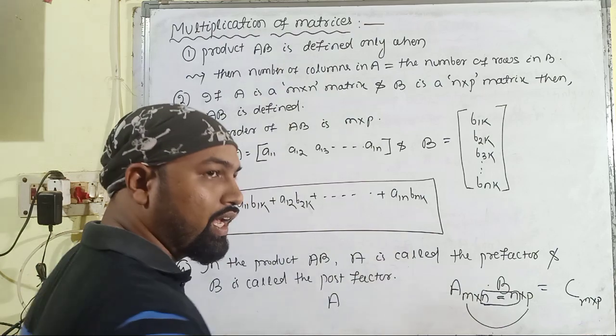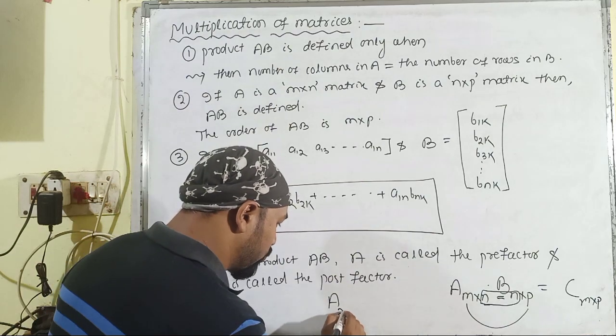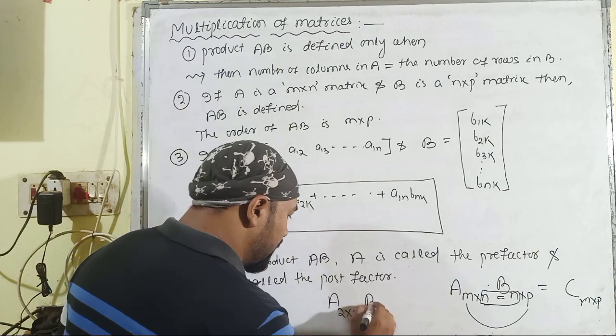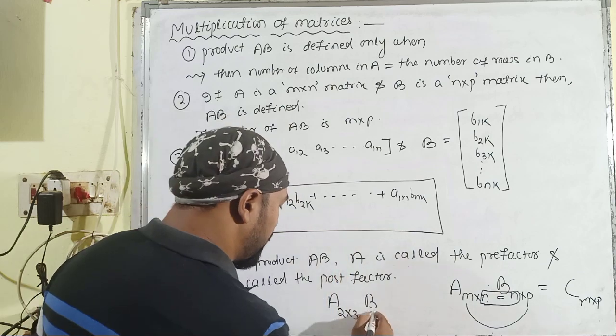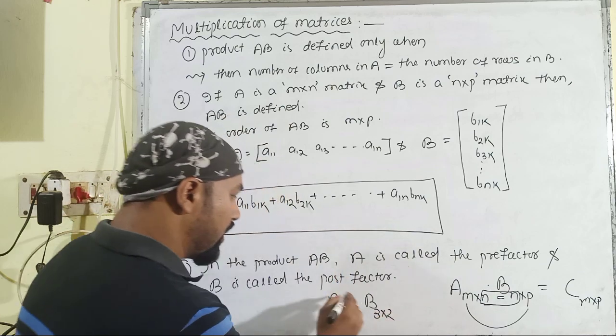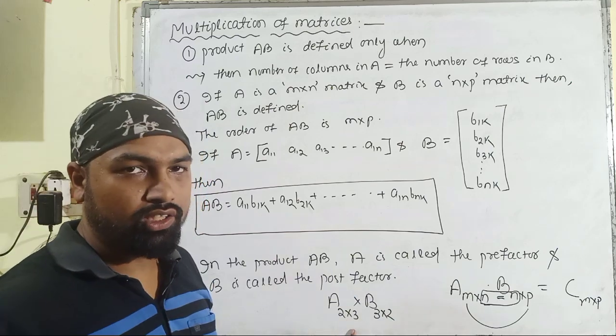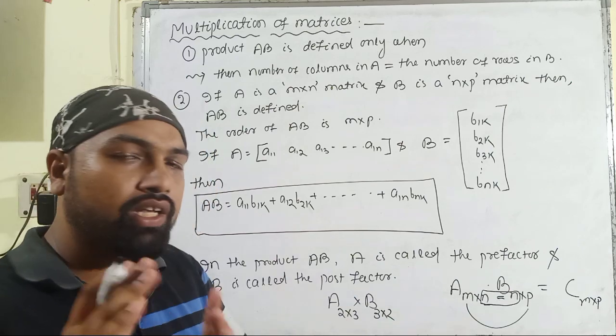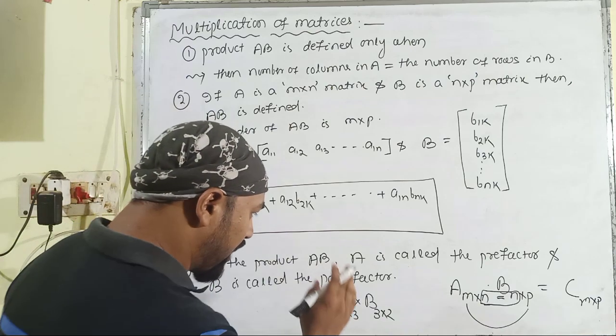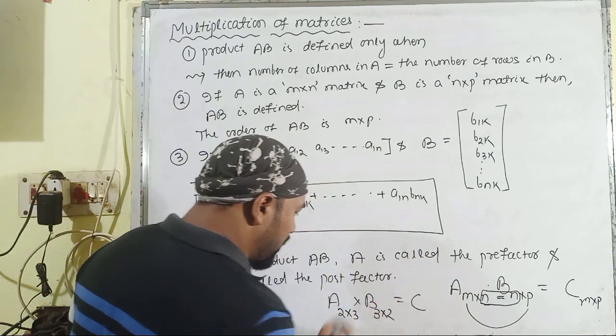Let us consider an example. Suppose I have taken A as any matrix of the order 2 cross 3 and B as another matrix of the order 3 cross 2. Then you can see that AB is defined here. That means matrix multiplication is possible. And what will be the order of the resultant matrix?